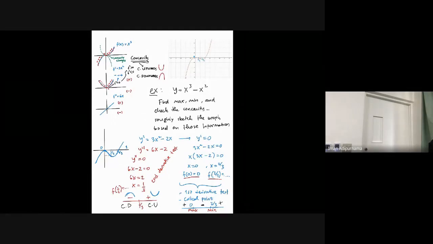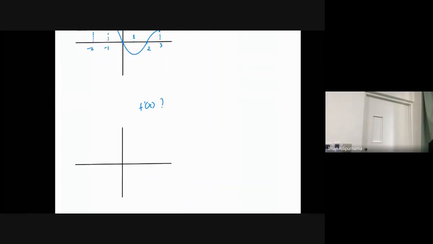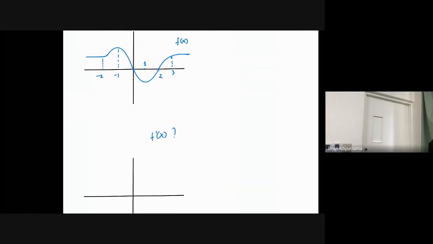Okay, let me go back to the graph and see if you can handle it. Have I given you this graph? No, right? So this is just a function. Try to find the first derivative of this function.